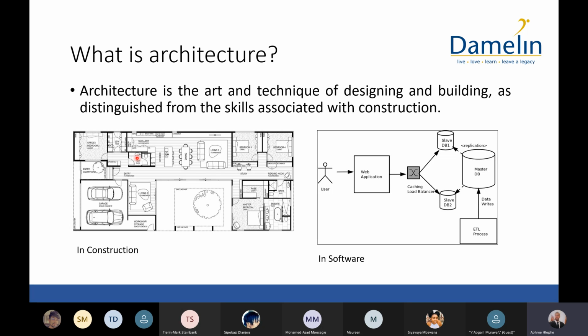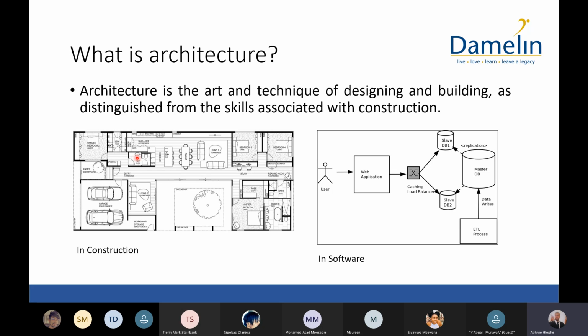And you can take that architecture, the blueprint of that house, give it to someone else who's in construction, and they should be able to reproduce the same concept.